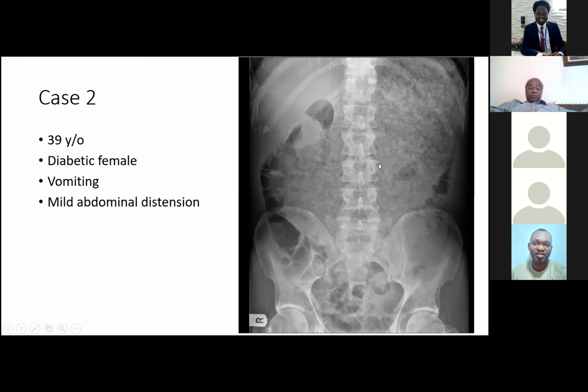Yeah, on the radiograph, there seems to be an extensive ground glass appearance at the upper part of the abdomen, extending from the left hypochondriac up across the epigastrium to the right hypochondriac region. Okay.